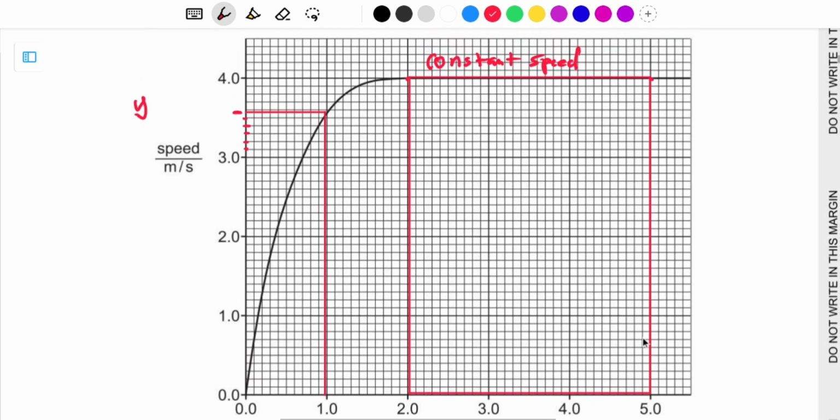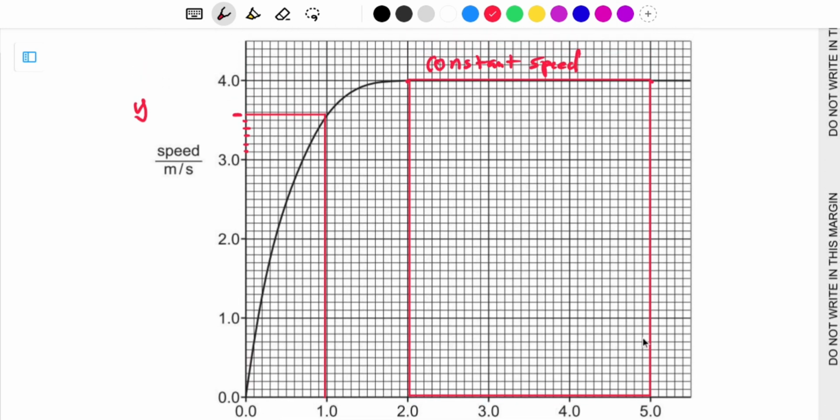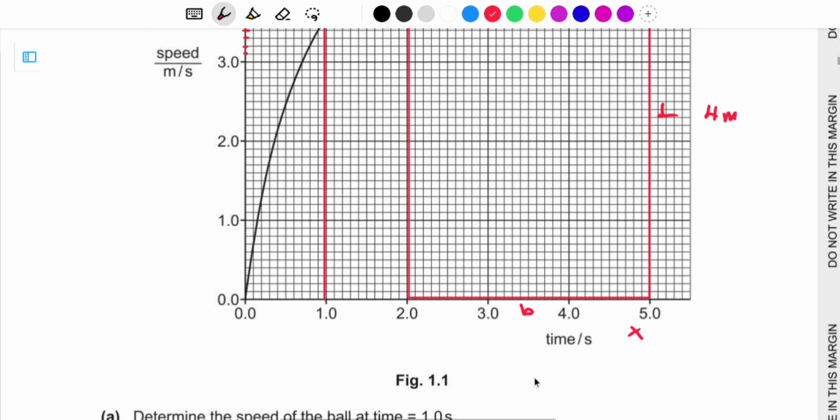So here we have length and breadth. This is going to be our length and this is going to be our breadth. The length is from 0 up to which point? 4. So the length here is 4 meters. Then the breadth is the difference from 2 to 5, so you subtract 2 from 5. 5 minus 2 is 3.